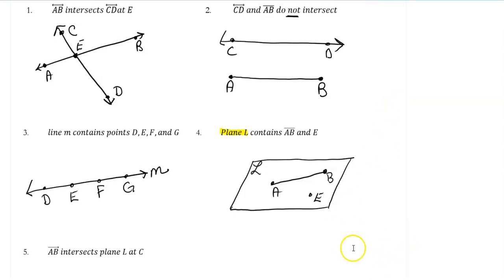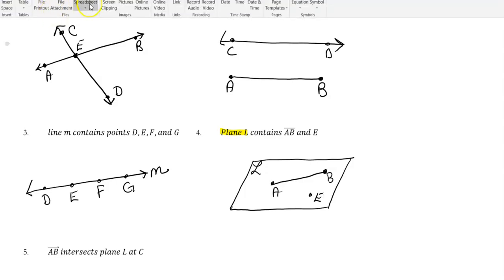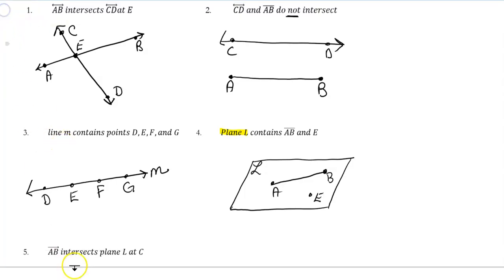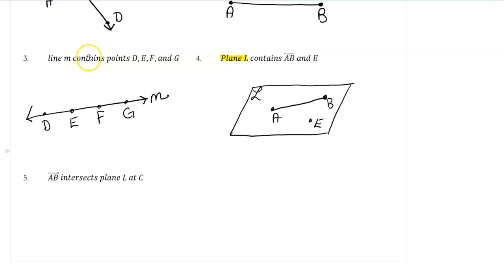Okay, this last one is the tricky one. Let me insert some space so you guys can see. Okay, so what I have to do is I have to start off by drawing my plane because it says plane L. So I'm going to draw a plane.